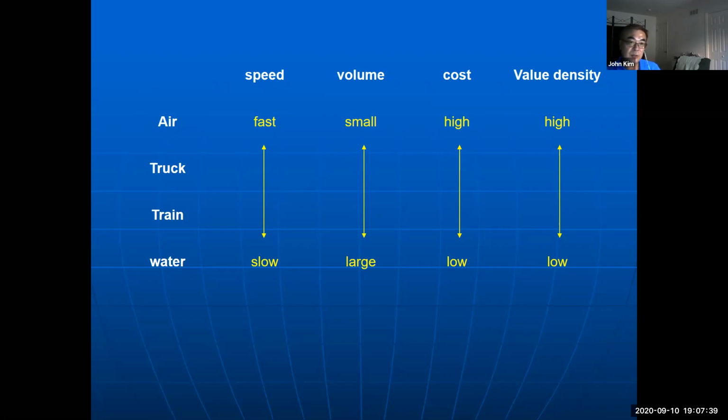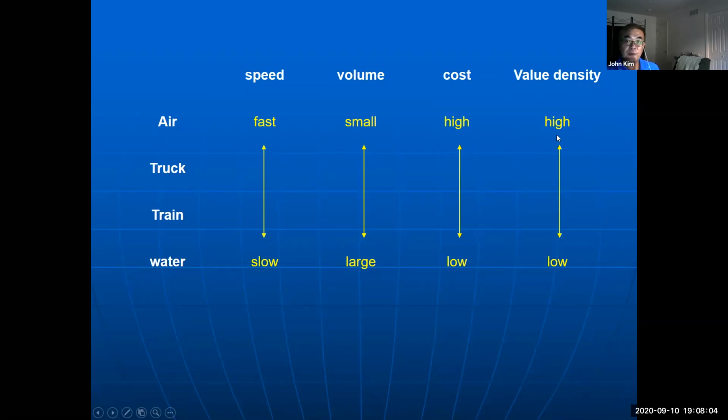So earlier in supply chain strategy, if they focus on cost, cheaper, then they should consider the cheaper but slow and large side transportation method.